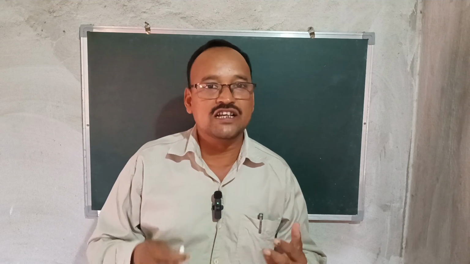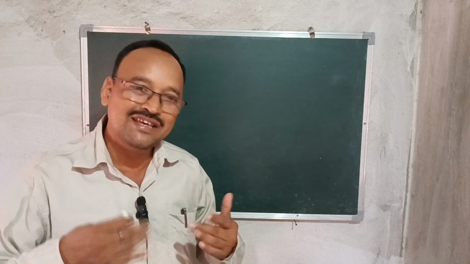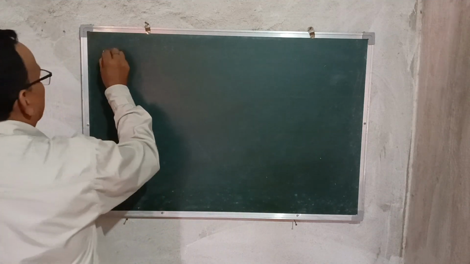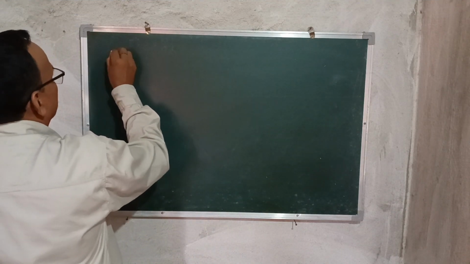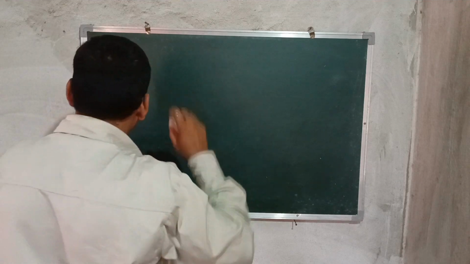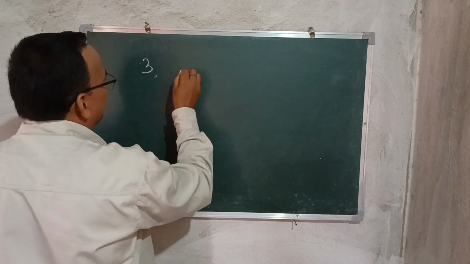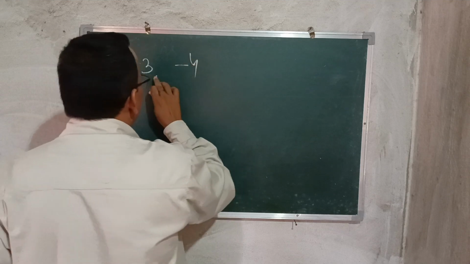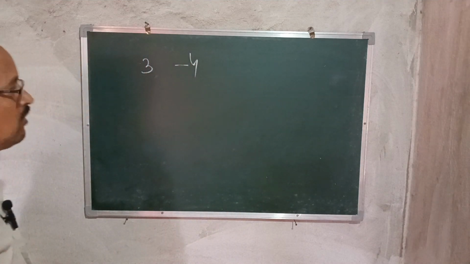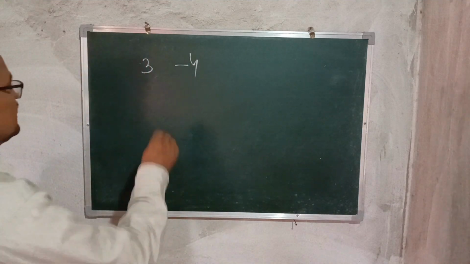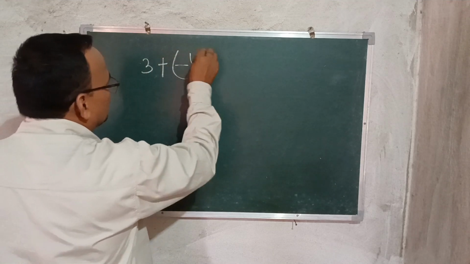If we know the two rules, then it will be easy for us to add them. For example, I take addition of two integers, 3 and minus 4. Addition of 3 and minus 4. What will be that? 3 plus minus 4.